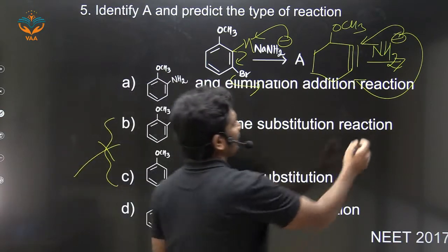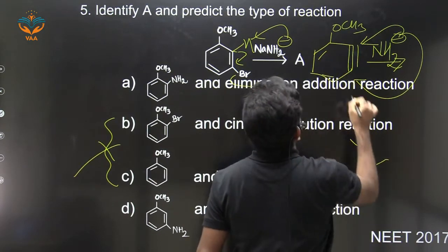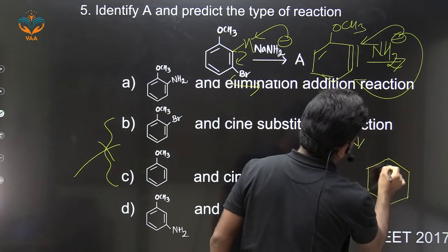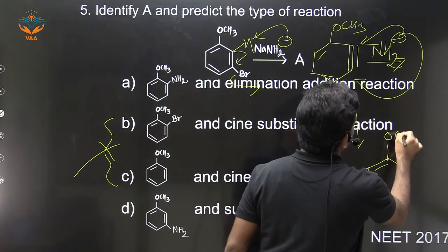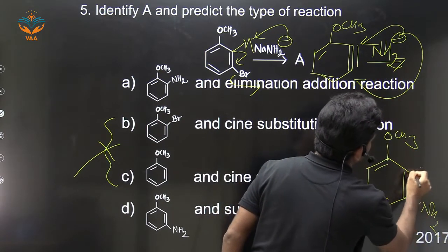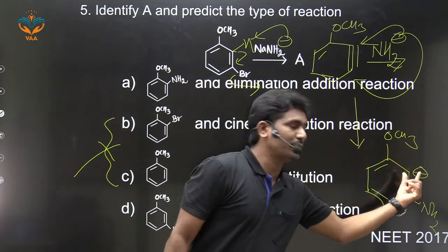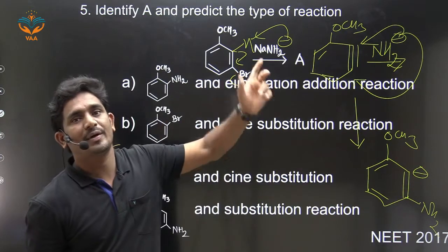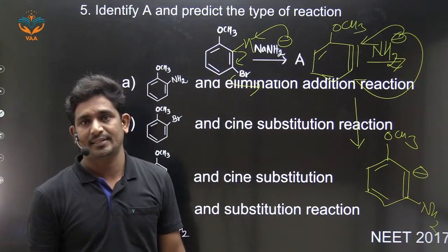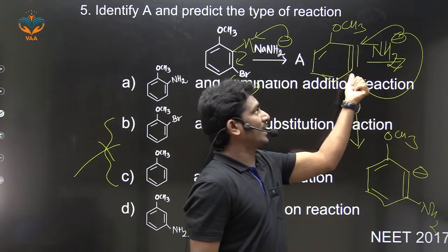That depends upon the stability of the intermediate. Suppose it attacks at this position, you will get OCH3 and NH2, and the negative charge here.